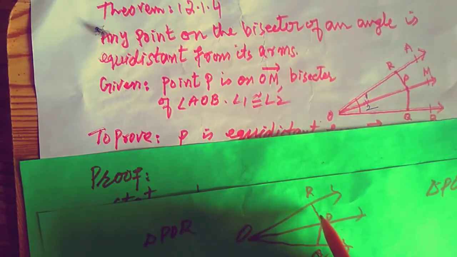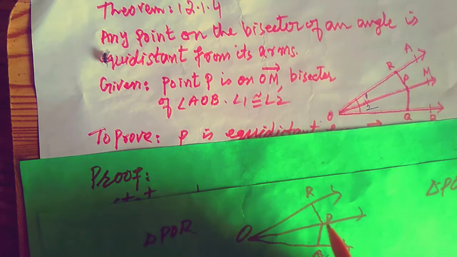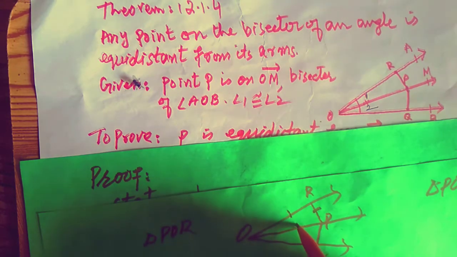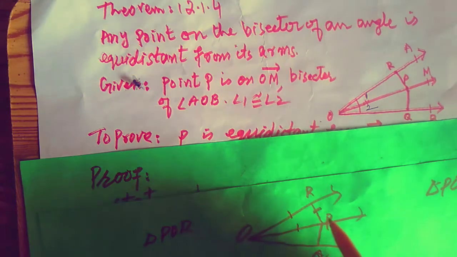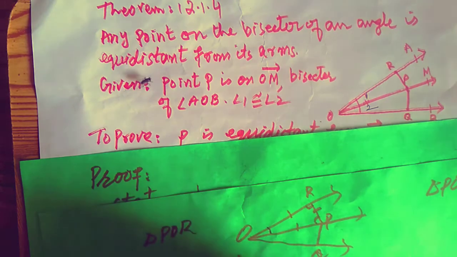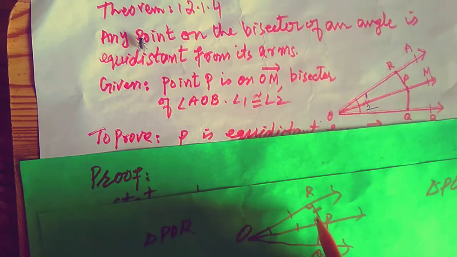This triangle POR has 6 components, in which 3 sides: this is the side, this is the side, and this is the side, and 3 angles: this is the angle, this is the angle, and this is the angle. It will total 6 components of the triangle POR.